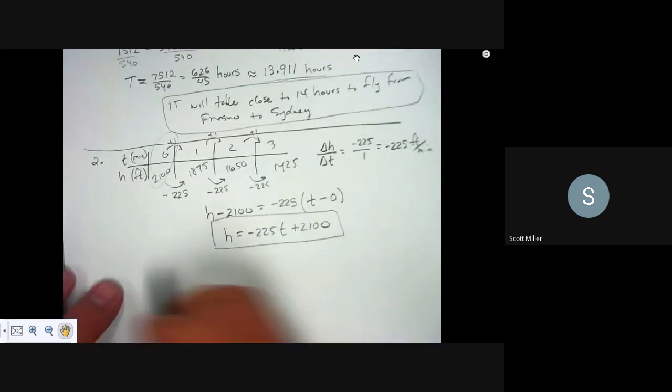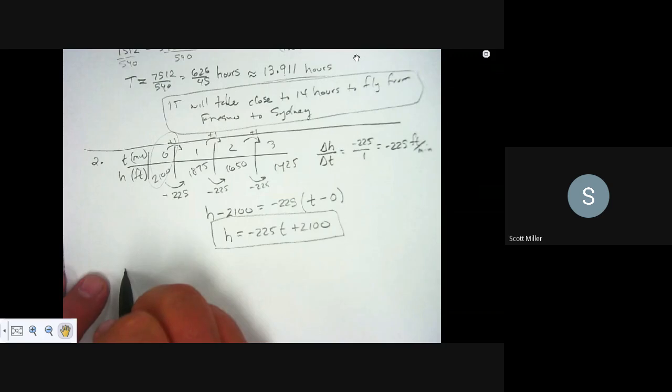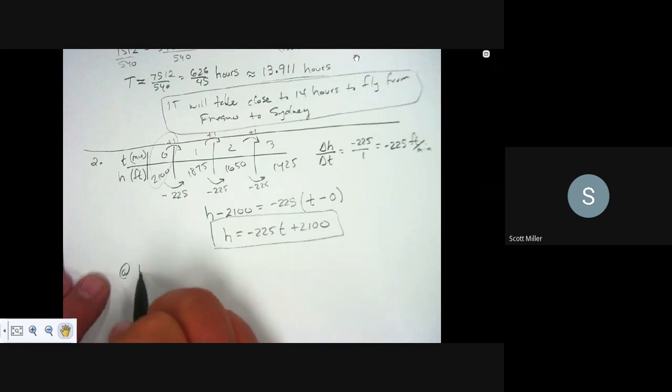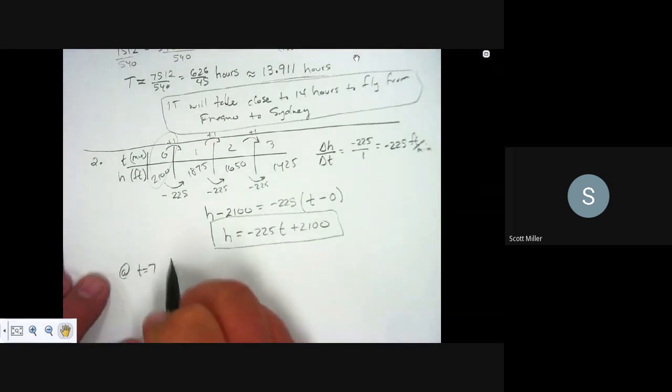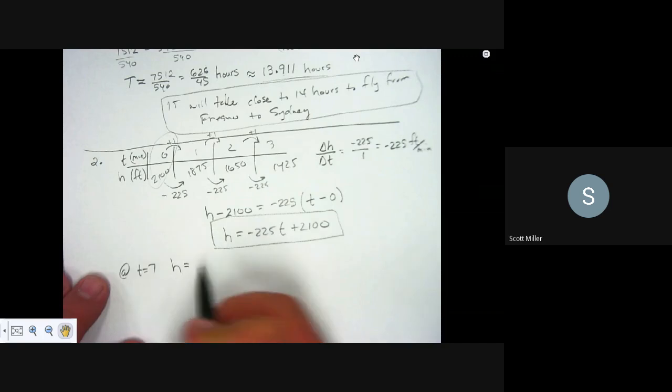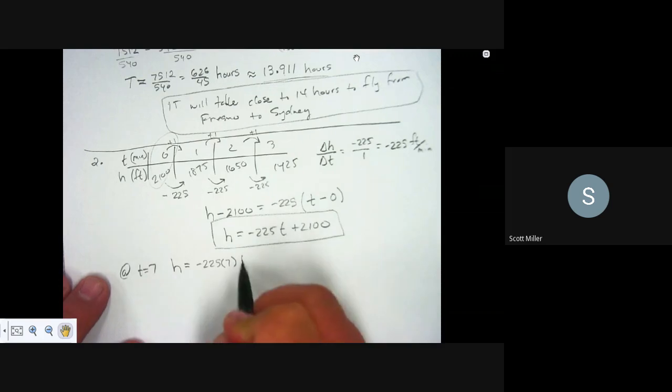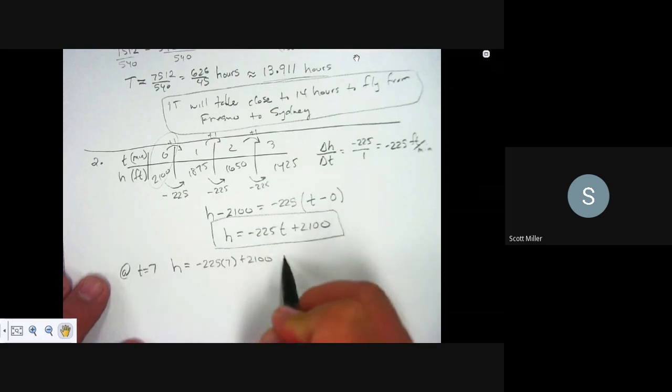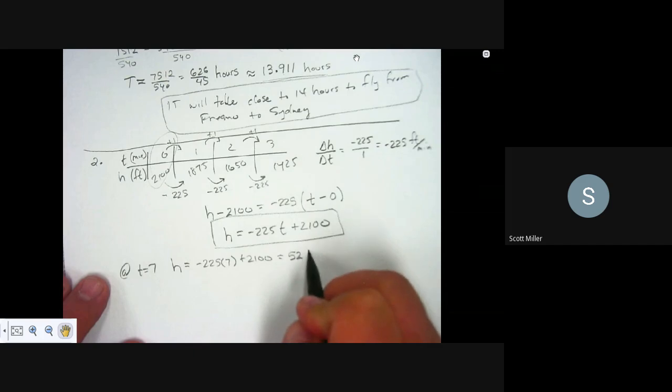Since I have the model, the next step is, what is the height? So at T equals 7, what is the height of the hang glider? So I just simply plug in 7. And you can type that into a calculator, and you will get 525 feet.